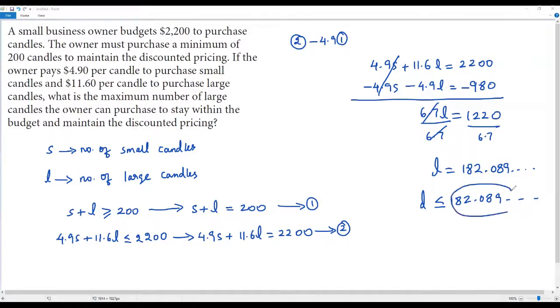We cannot round up to the next whole number because 182.089 is the maximum. So since L must be a whole number, this decimal has to be rounded down to the nearest whole number. In that case, L is equal to 182. So the maximum number of large candles the owner can purchase is 182.